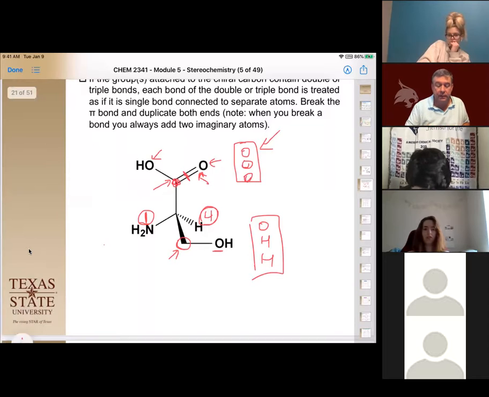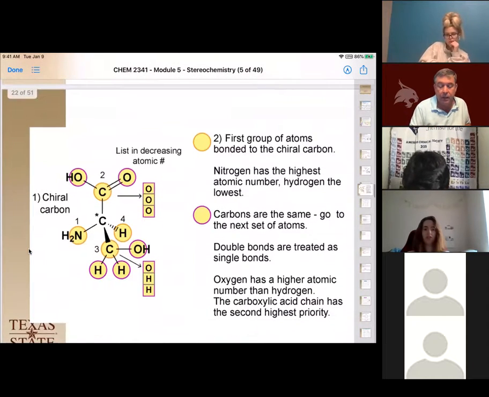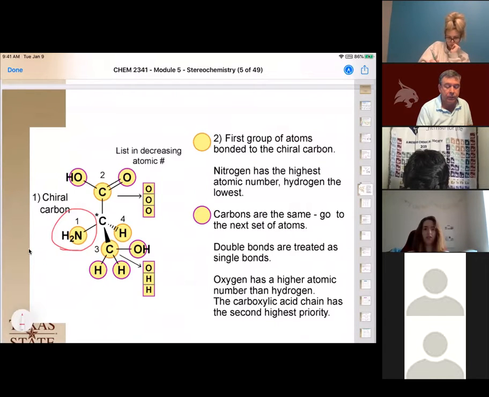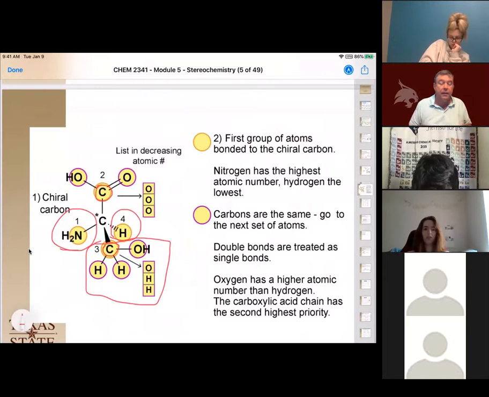Okay, so let's look at that again with color graphics. Because we could assign these 2 just by atomic number, we're done. We don't have to do anything more there. Because these were both the same atomic number, we had to look at what was attached. Now, when we looked at what's attached, we used rule number 2 to assign this one right here as having 1 oxygen and 2 hydrogens.